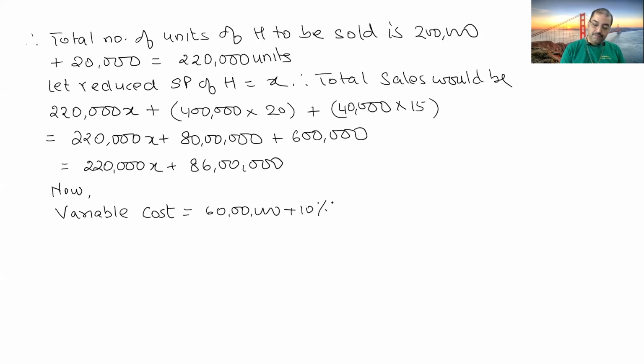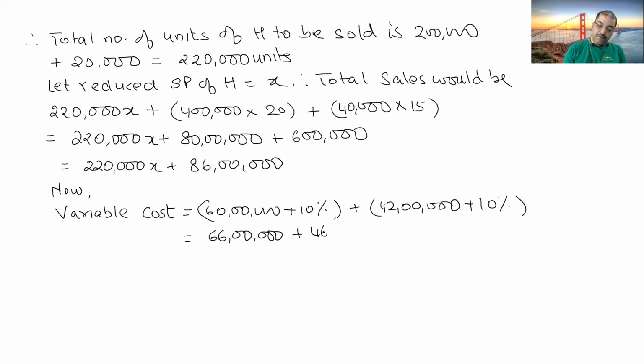And the variable overheads, 42 lakhs, also increase by 10%. So 66 lakhs plus 46 lakh 20,000. So 1 crore 12 lakhs 20,000.